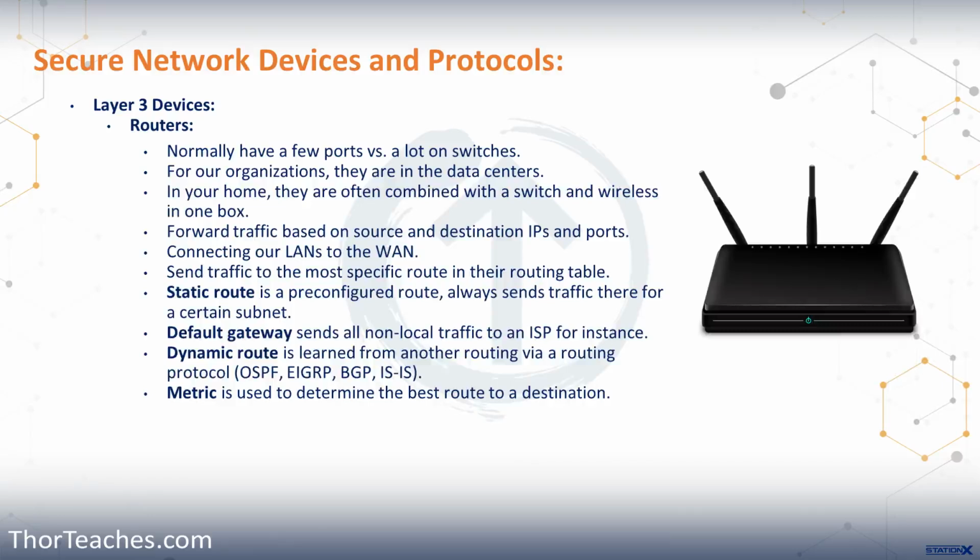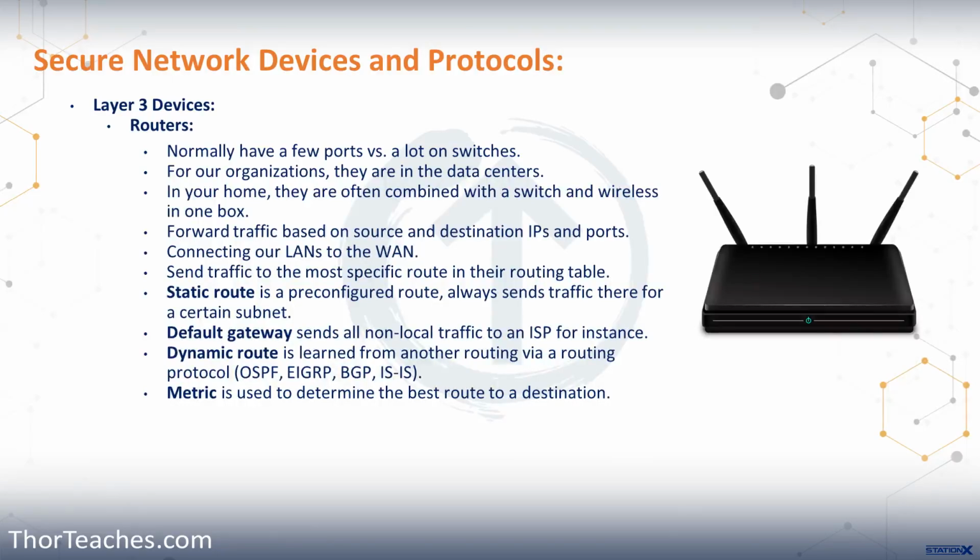Next up, we have dynamic routes. Those are routes that our router learned from another router, and they learn those routes through routing protocols. That can be OSPF, EIGRP, BGP, IS-IS, or whatever else we use. All those protocols use metrics to determine what is the best path to this destination, and they can either do that with the shortest path, where they look at how many devices from here to there.